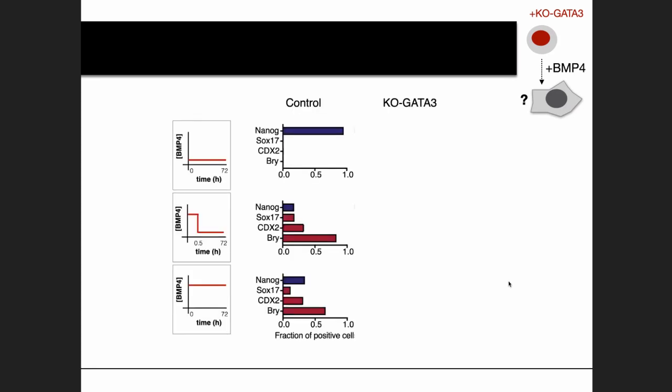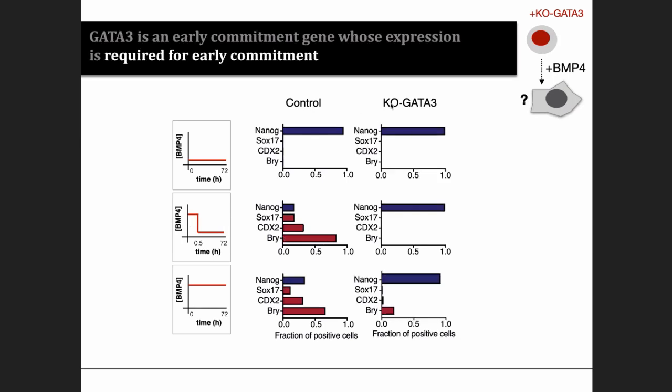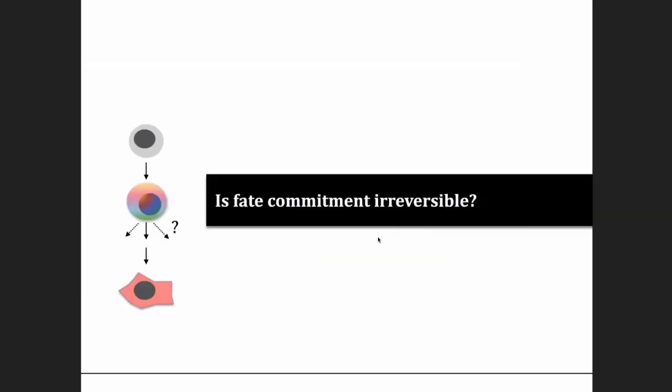If that's true, then this first experiment that my PhD student Alex did, with a pulse of BMP, should basically be potentially compromised if we don't have GATA3. So this was the experiment. A pulse of BMP gives rise to differentiation. But when we don't have GATA3, this is absolutely compromised. So showing that GATA3 is very likely to be an early commitment gene.